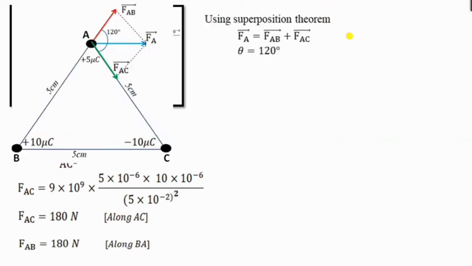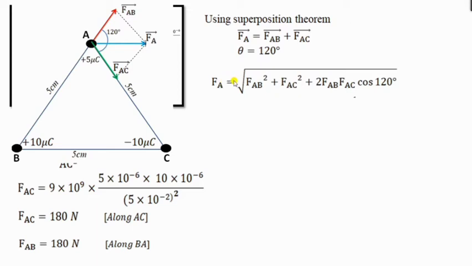So using superposition theorem, force on charge A will be FAB plus FAC, addition of these two forces in the form of vectors. So this is vector addition and the angle between them is 120 degree. Now we'll use triangle law and the resultant. Now I'm writing without cap, you can see. Now this is the resultant, not the vector. So this is the formula we already know.